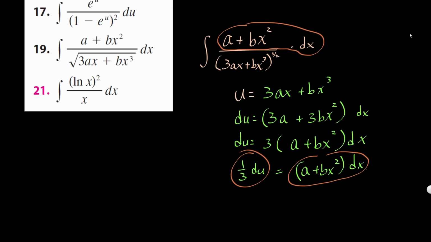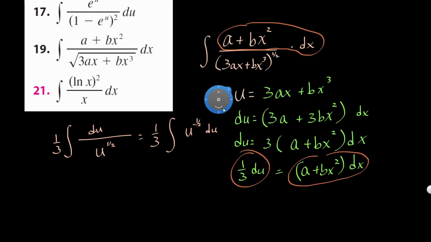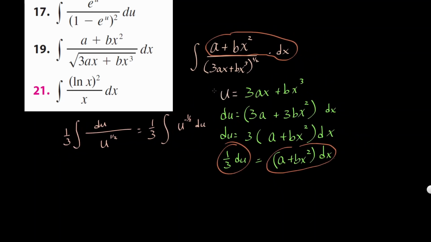Now I'll do my work on the left-hand side. So integrate: we've got 1/3 outside, and du on top covers everything on the top there, over u to the 1/2 power, which is u to the negative 1/2 power, du. If I make some kind of mistake, let me know down in the comments below. So that's just going to be 1/3.